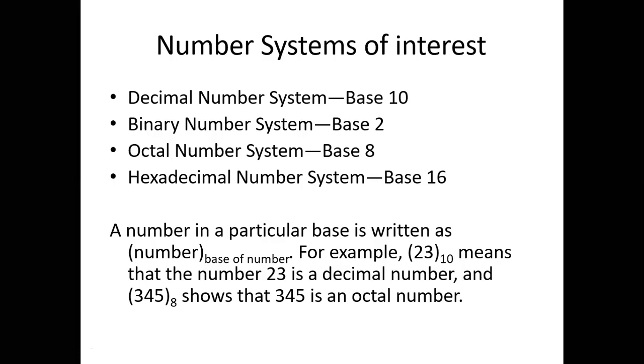Now, when we are expressing a number in a particular number system, the base is indicated at the bottom. So for example, if we have a number like 23 with a 10 at the bottom, this is indicating the base. We are saying this number is expressed in base 10.